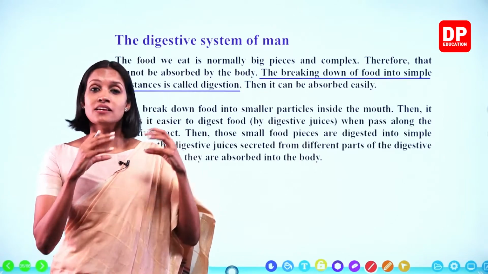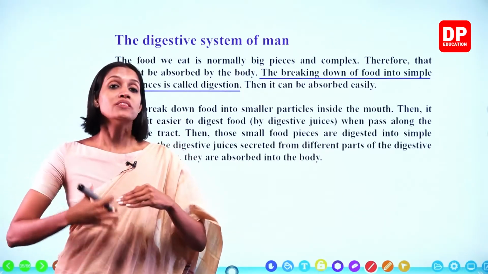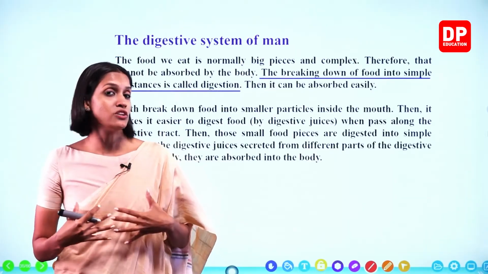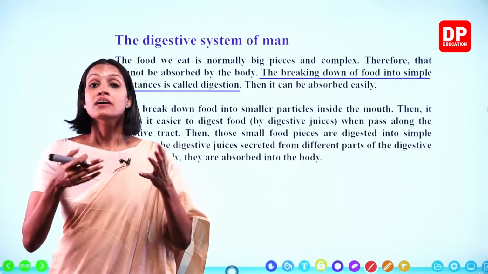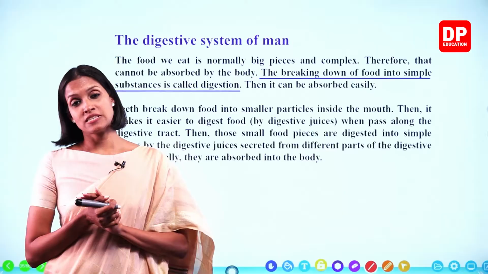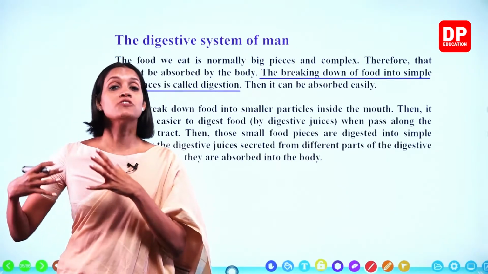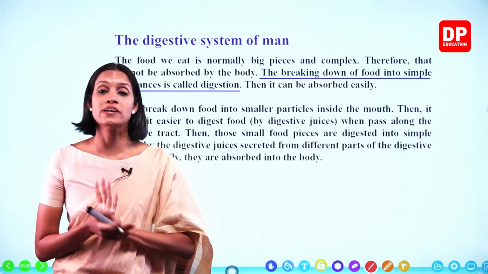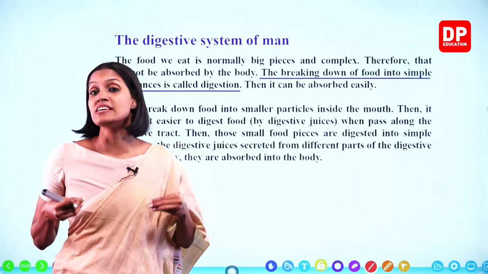So by the teeth, big food pieces are broken into small pieces. With the help of the digestive enzymes in your stomach and all the other parts of the digestive system, these small pieces are broken into even smaller pieces. When they turn into very simple particles, those nutrients can be absorbed by your body very easily.